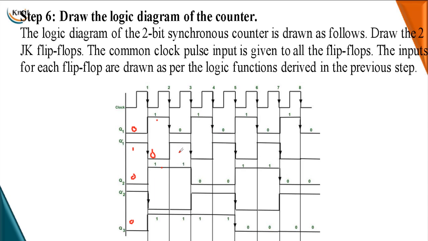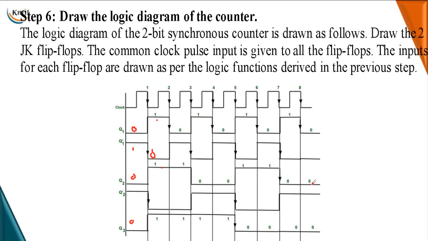Now Q1 bar is applied as T2, so it will fall to logical 0. So for every negative edge of the complemented state of the first flip-flop, your second flip-flop output will be toggled. Till then, it will maintain its previous state as its next state. So 0 0. Next clock edge, it will come to 1 1.